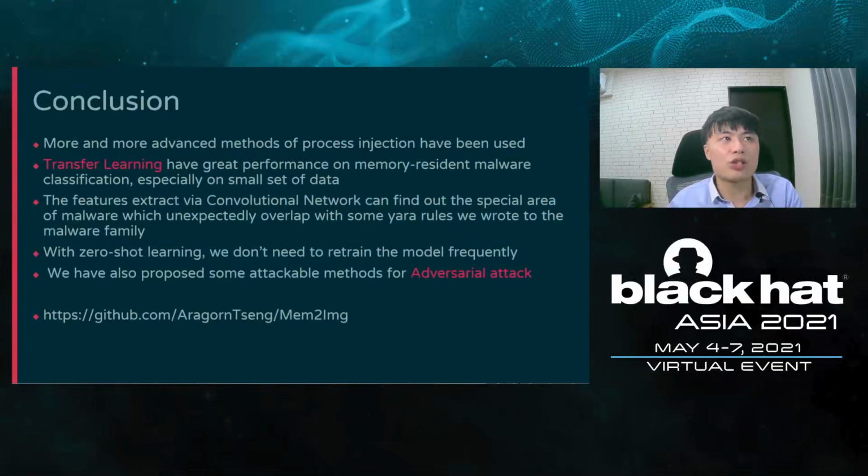The features extracted by a convolution network can find the spatial areas of malware which unexpectedly overlap with some YARA rules we wrote for the malware families. With zero-shot learning, we don't need to retrain the model frequently. We also propose some possible methods for adversarial attack.